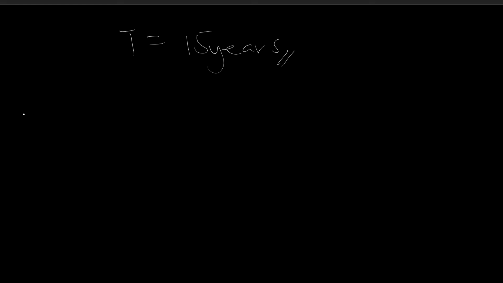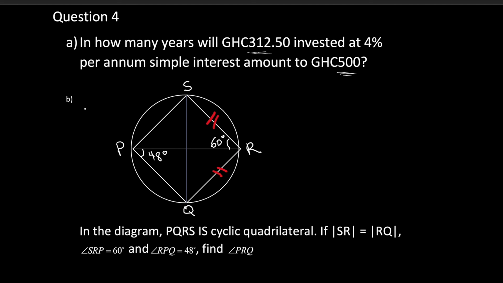Okay, so moving on to 4b. In the diagram above, PQRS is a cyclic quadrilateral. The length of SR, which is this, is equal to the length of RQ, which is this.